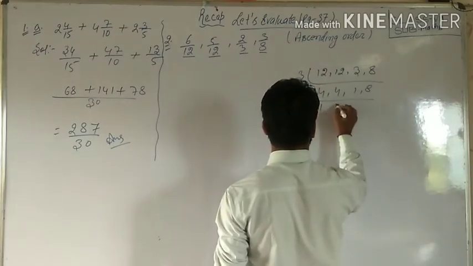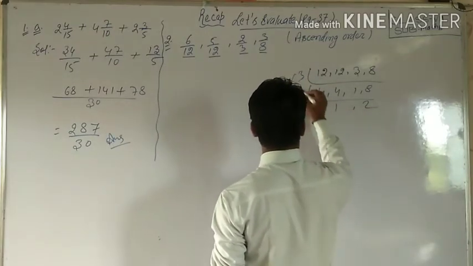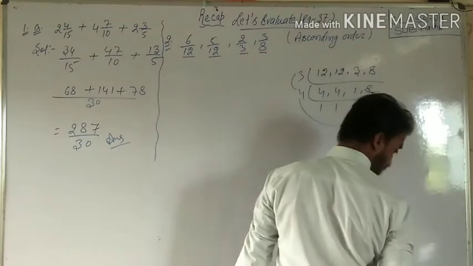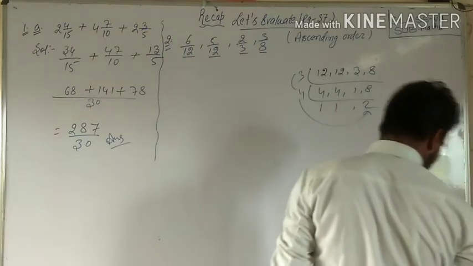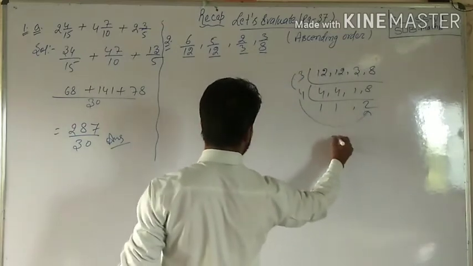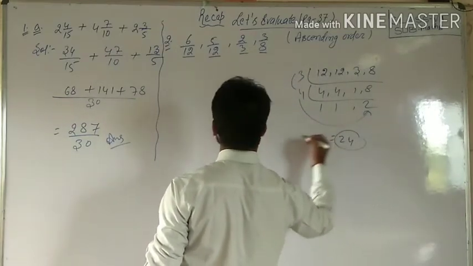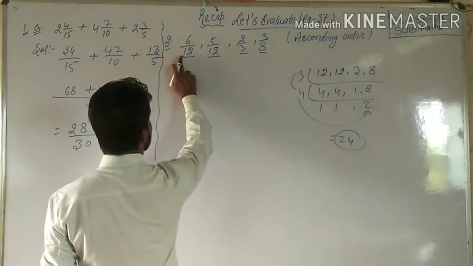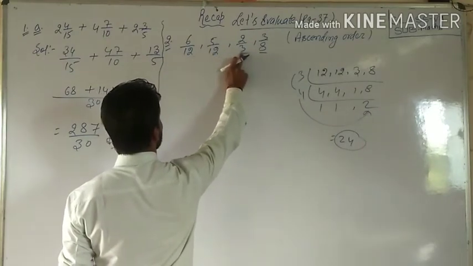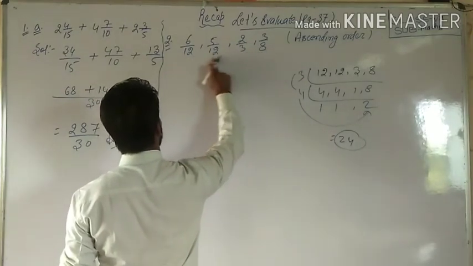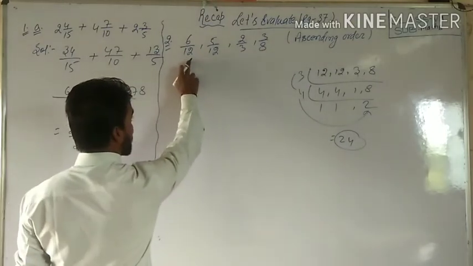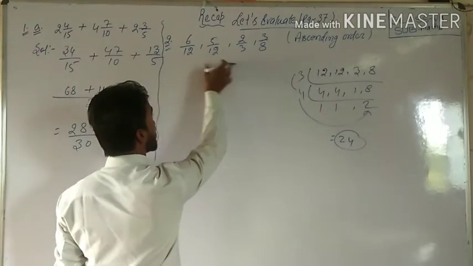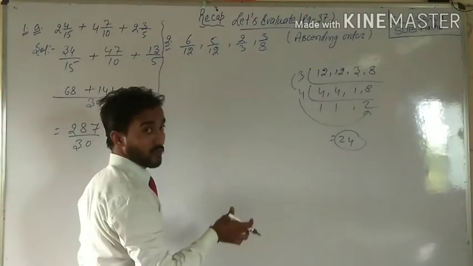Then by 4 gives 1, 1, 1, 2. 3 times 4 is 12, 12 times 2 is 24. So the LCM is 24, and now you have to make all the denominators 24.